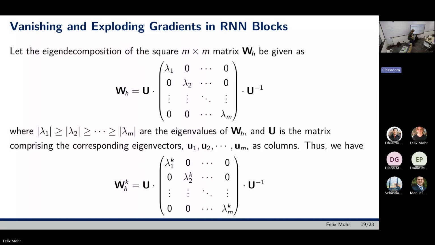But if k is large, this matrix will have an almost 0 matrix in the middle. If I multiply something with an almost 0 matrix, I will almost have a 0 matrix. That means the net gradient at the beginning of my recurrent block is almost 0, which means I don't have flowing gradients anymore and I don't learn anything anymore. This is the vanishing gradient.